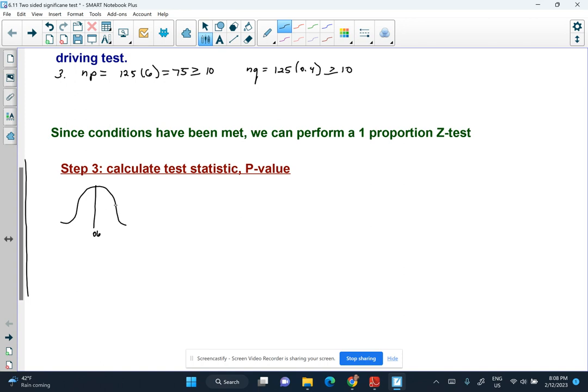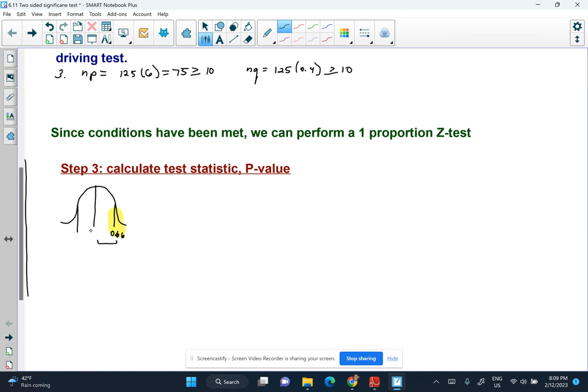And we got a test statistic of 0.688, which is above the mean. However, when you're doing a two-sided test, because you didn't know which direction, you also have to look at that mirror image. So like if you folded the normal curve over the mean, we have to figure out what that value would be.